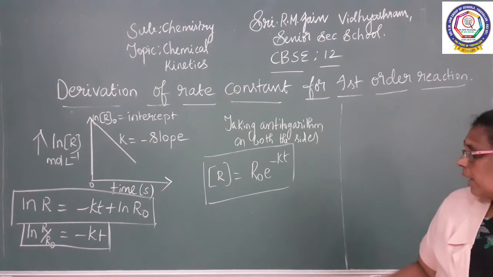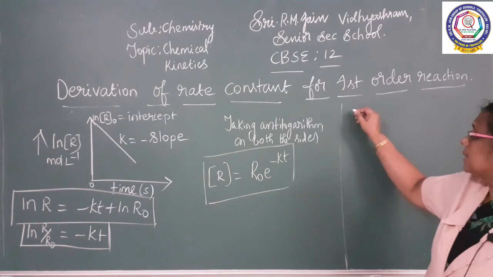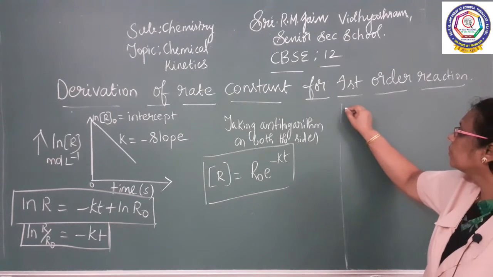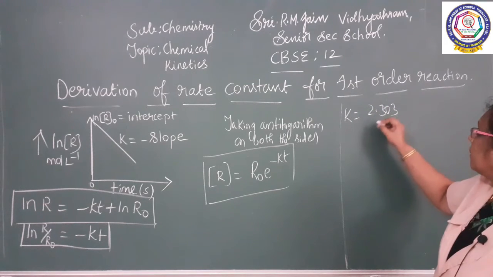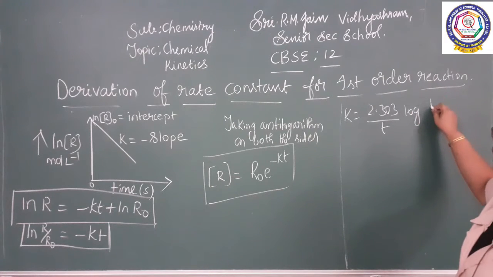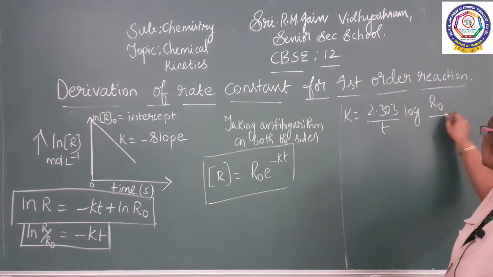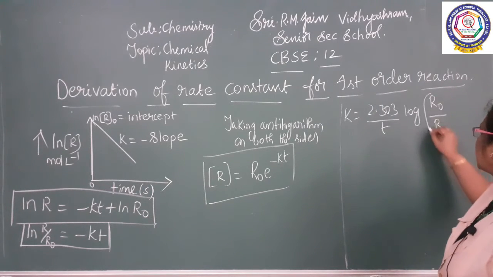So here when you are drawing a graph, already we have seen k is equal to 2.303 divided by t log r naught by r. So here already we have seen this equation.